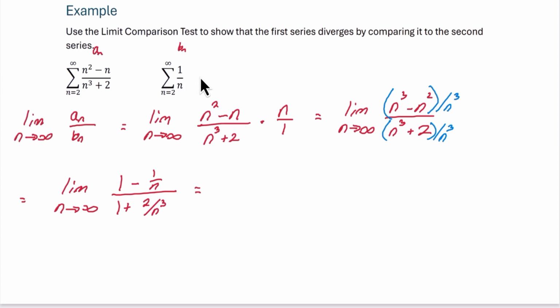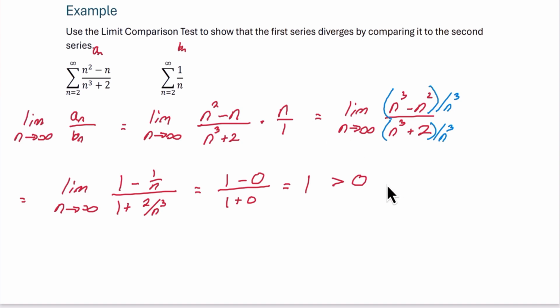Evaluating the limit now, we get 1 minus 0 divided by 1 plus 0. That is equal to 1, which is a positive value. So the limit is greater than 0.